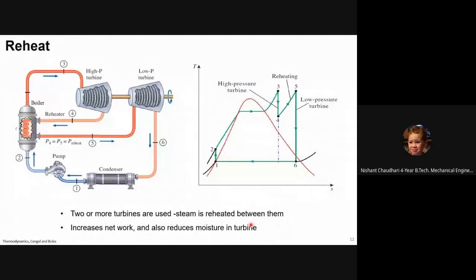Yes, that's why this process is useful. If the work done is less than the heat supplied, then it is a wastage of resources, right? Then is it possible that the work output is more than the heat supplied?